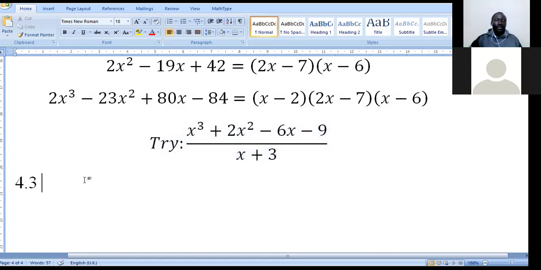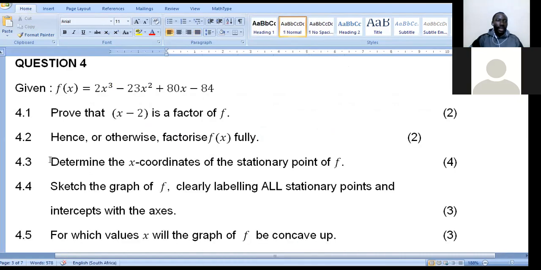What is 4.3? Question 4.3 requires us to determine the x coordinates of the stationary point of the function f. Well, the stationary point is the point when the function is not changing.